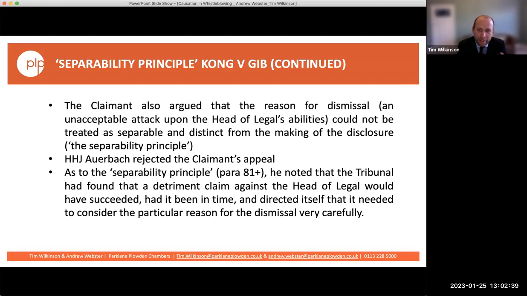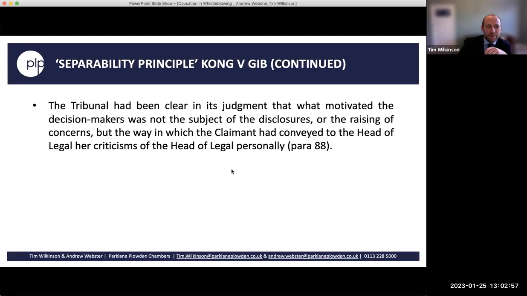Put another way, he says the perceived personal attacks on the head of legal weren't a necessary part of the disclosure, and that the conduct was separable from the disclosure itself. Again, the tribunal had been clear in the judgment as to what motivated the decision makers, it being the way in which the claimant had conveyed to the head of legal her criticisms of the head of legal personally.